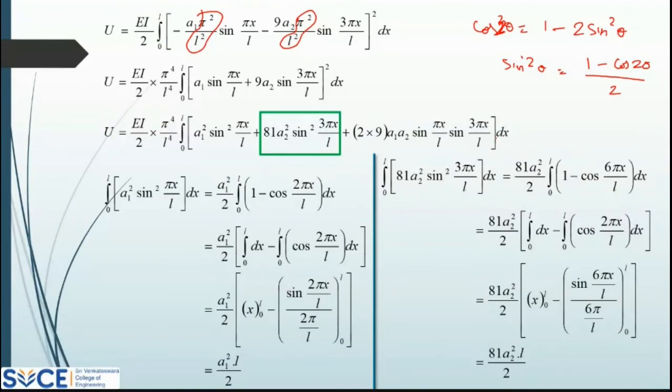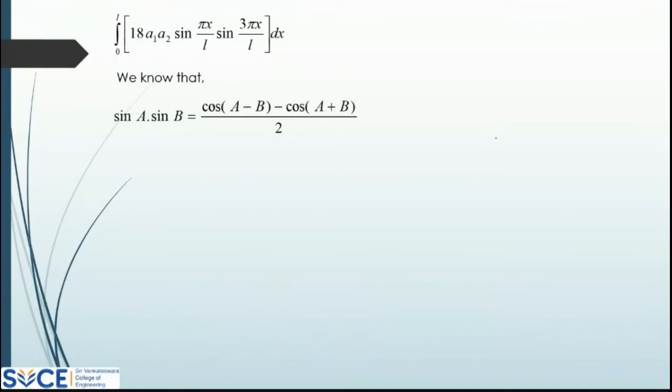There are trigonometric formulas related to cos A plus B and cos A minus B. You know that cos A minus B minus cos A plus B divided by 2 is equal to sin A sin B.